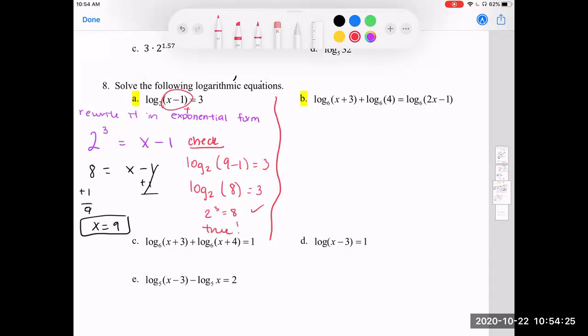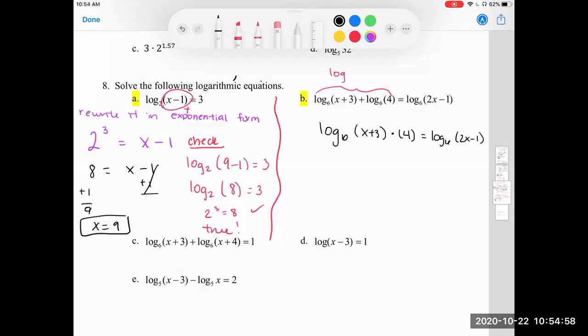Now this one has way too many logs. But recalling my log rules, my 3 log properties that we just did, I know I can rewrite this as 1 log, right? So this can now be log base 6 of x plus 3 times 4 equals log base 6 of 2x minus 1.